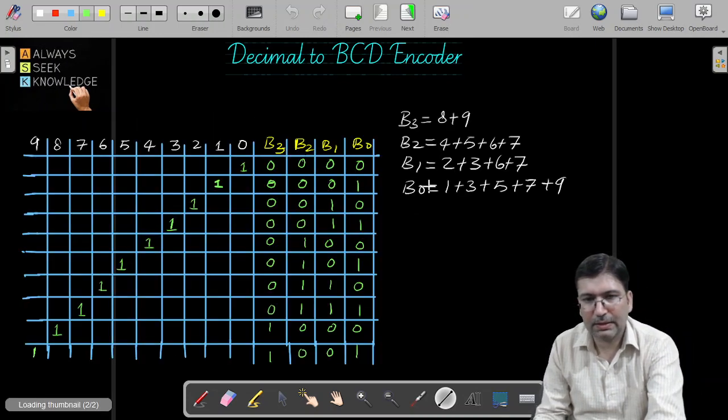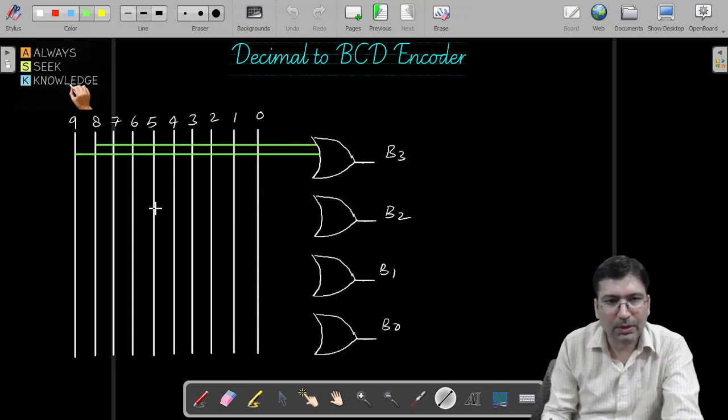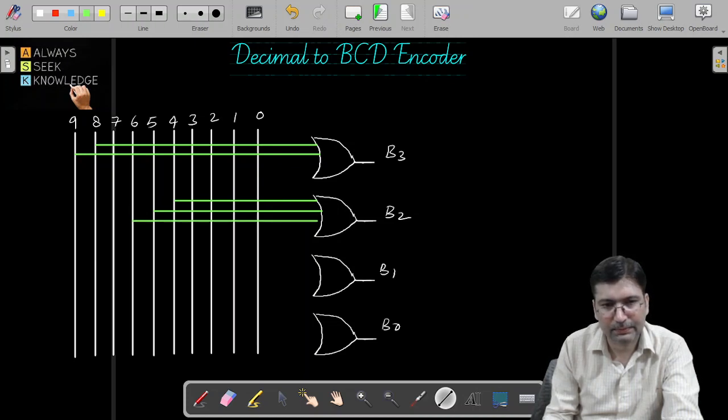The next is B2, which is 4, 5, 6, 7. So B2 can be connected with 4, 5, 6 and then 7.